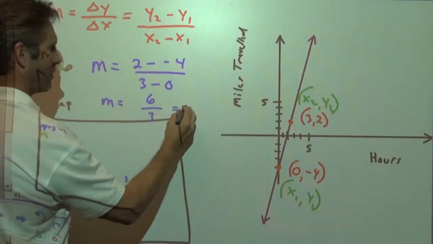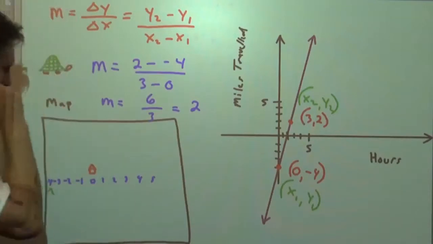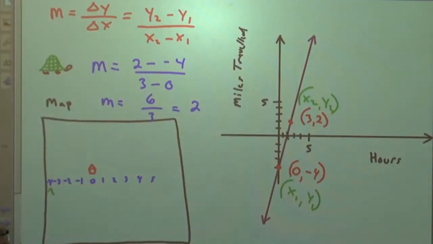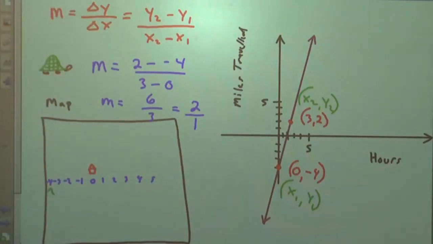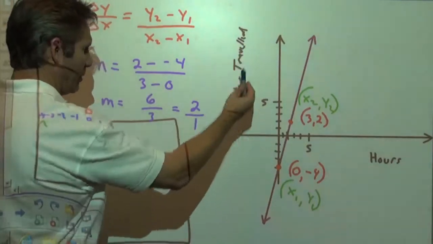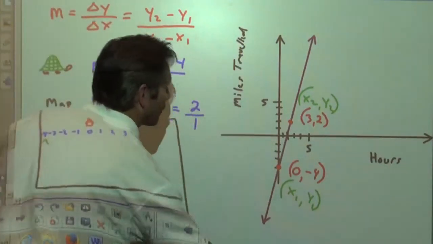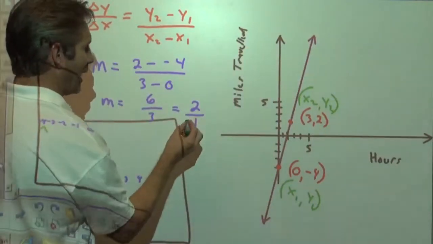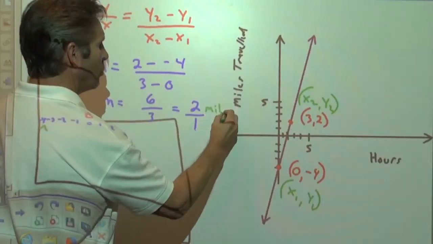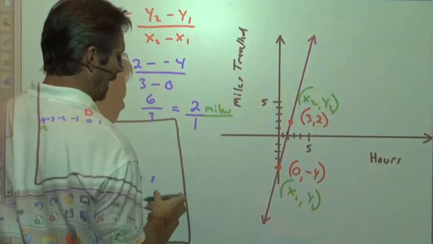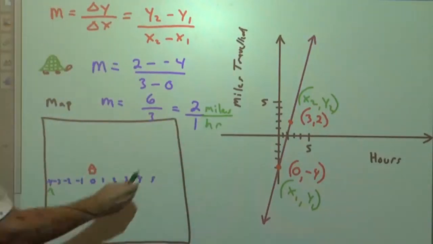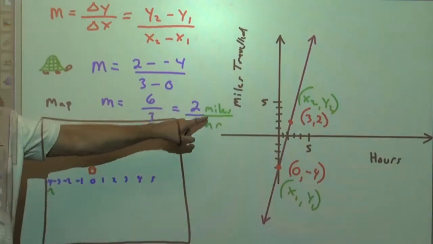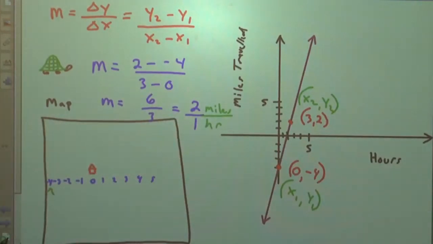That gives us a slope of 2, meaning that this little bugger is moving 2 miles for every hour that goes by. Because if we recall, what we've been doing with these graphs is we're saying, let's look at what the y implies. So this is 2 miles after 1 hour. So it's change in y over change in x, and those are in miles, those are in hours. So that would be our slope.